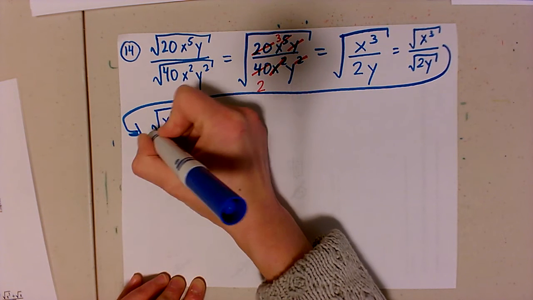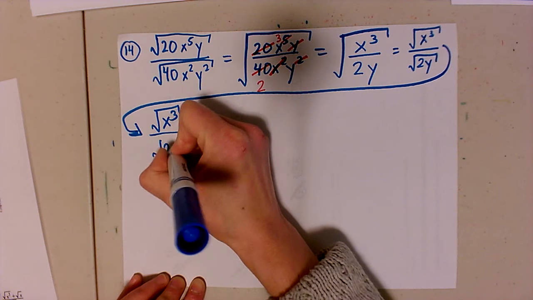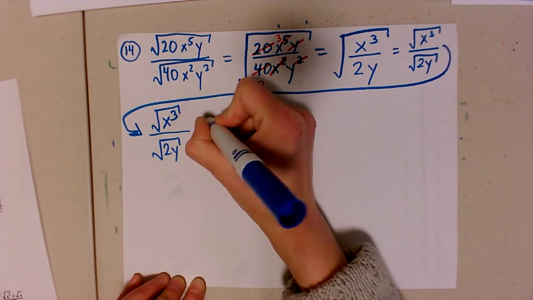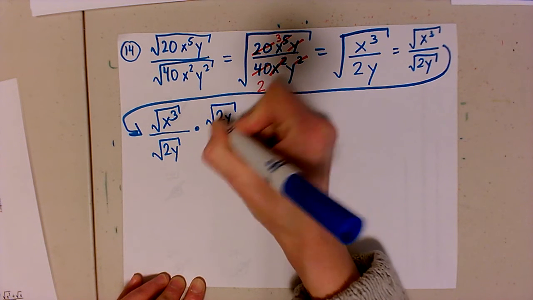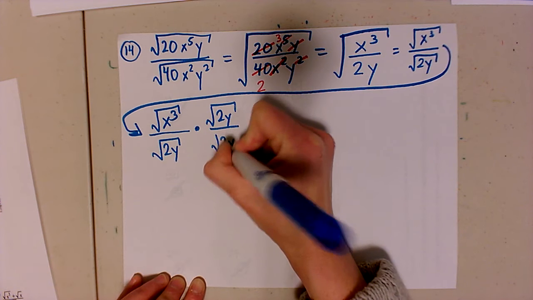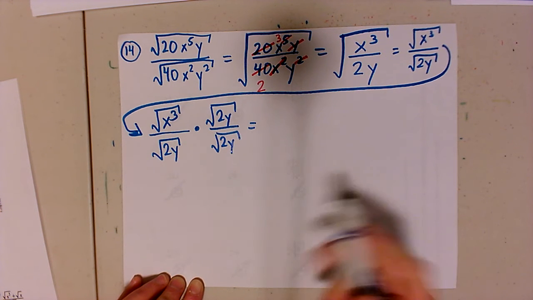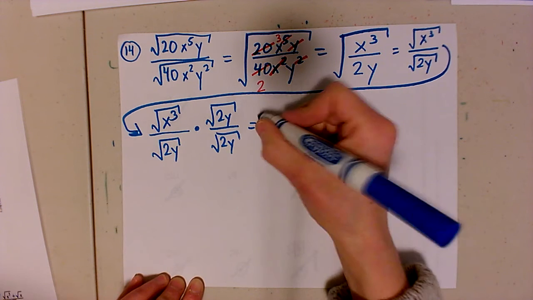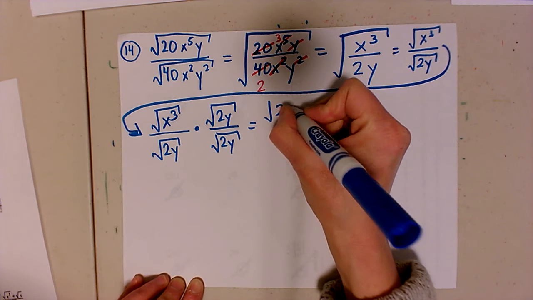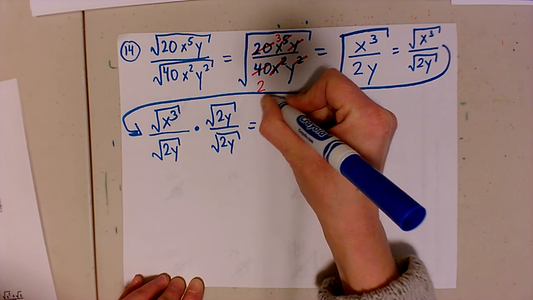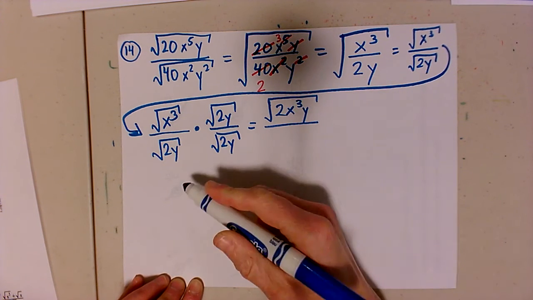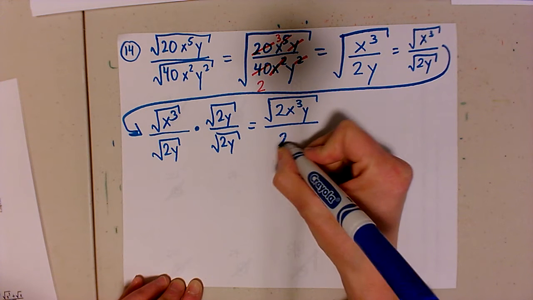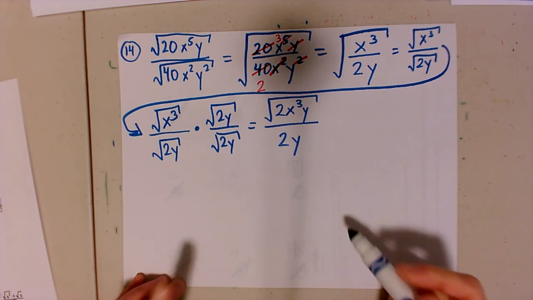So I have root x cubed over root 2y, and we want to get rid of that root 2y, so we're going to multiply by root 2y in the top and the bottom. So up top, that is just going to turn into one radical, and so that'll be root 2x cubed y, and then down below, root 2y times root 2y, those roots disappear, and we have just 2y.